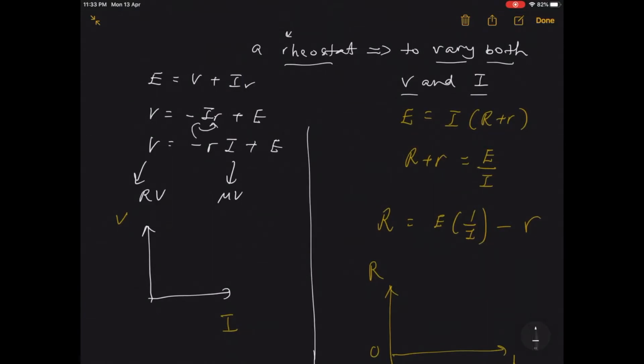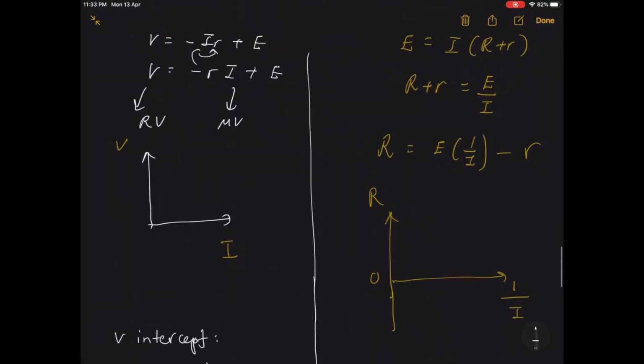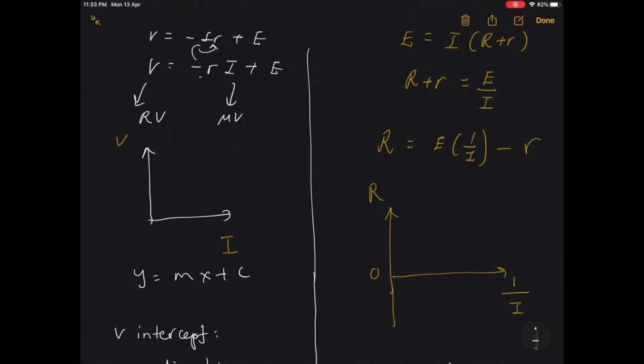So you look at this equation, it's very, very similar to this straight line equation, y equals to mx plus c, where y is V and your x is actually I. Looks like a straight line equation, but the gradient is not a positive gradient. It's a negative gradient. So I expect you to get a graph this way.